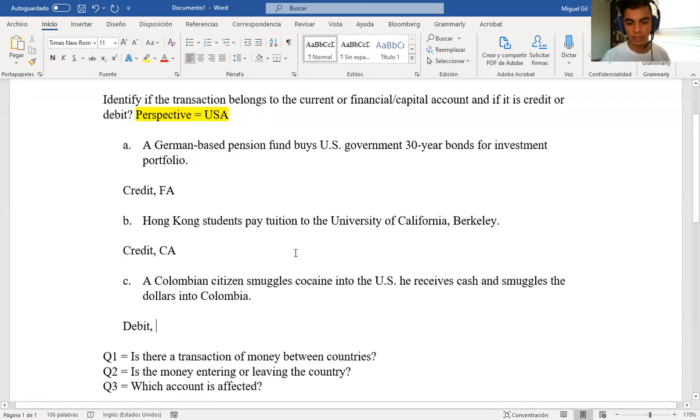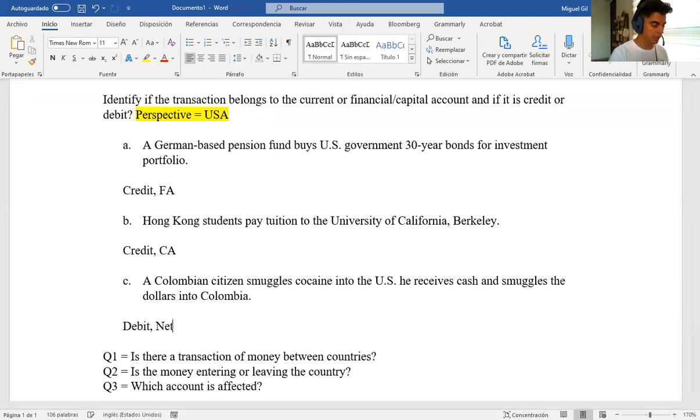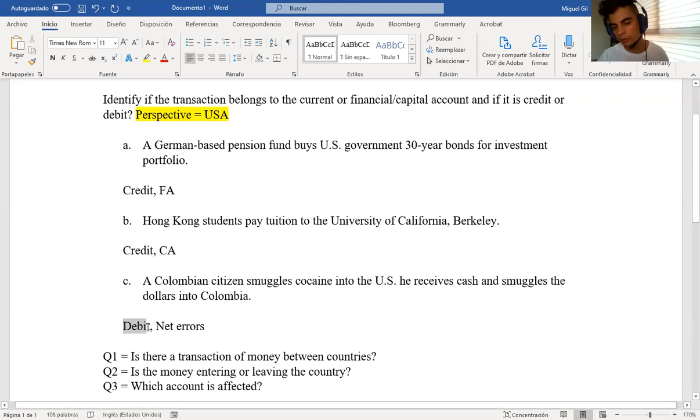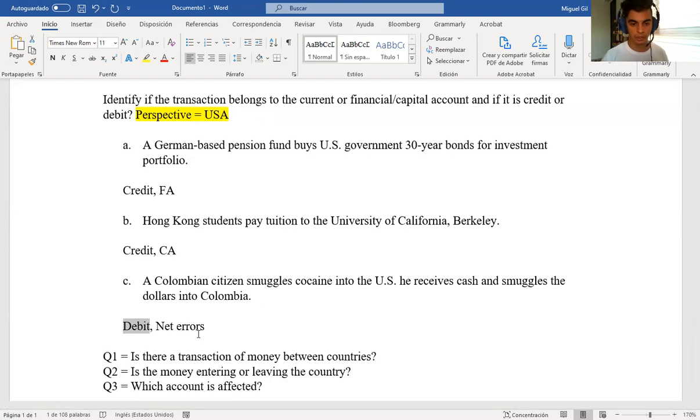And finally, which account is affected? Net errors, right? Because smuggling cocaine, even though it's a good, won't appear in the government accounts. So it will be net errors. And as I said earlier, if it's difficult to know if it's debit or credit, don't worry in net errors. In this example, it was clear that it's debit because the money was going from the US to Colombia. But if it is difficult to find, don't worry.